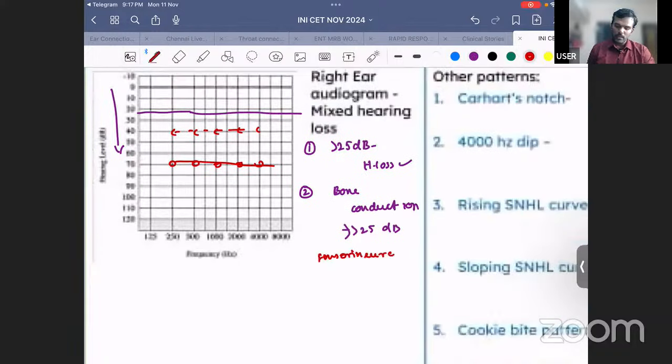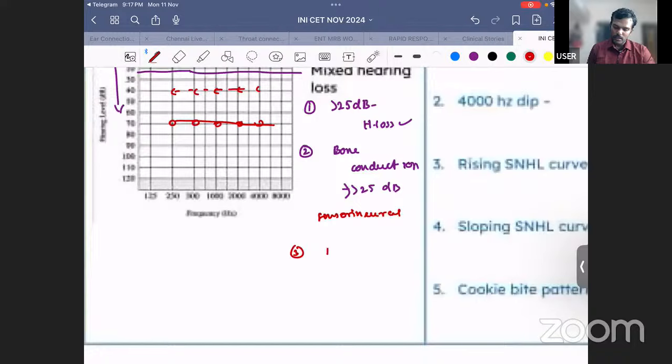The third thumb rule is air bone gap more than 10 decibel, conductive loss is seen. So this is a clear-cut picture of both sensory hearing loss on the second thumb rule and conductive hearing loss based on the third thumb rule, which means the patient presented with mixed hearing loss. So this was a mixed hearing loss picture.